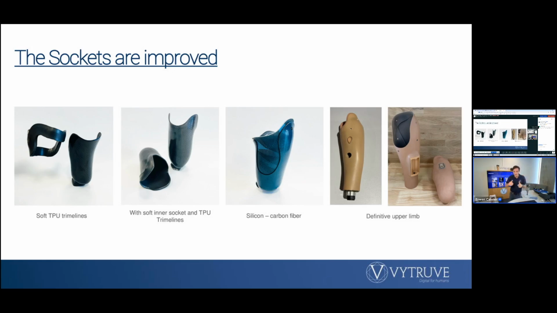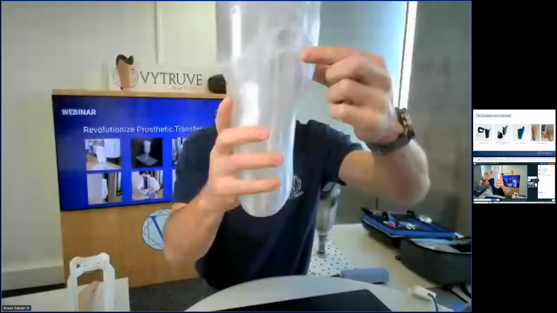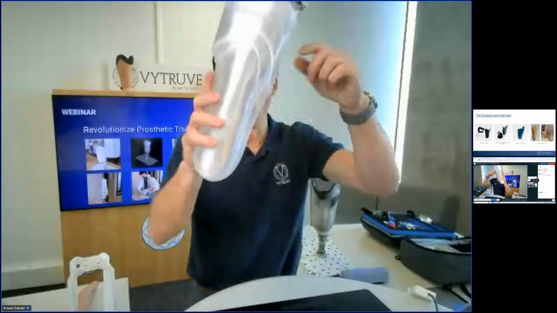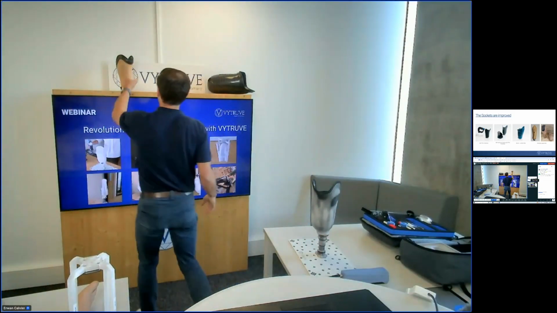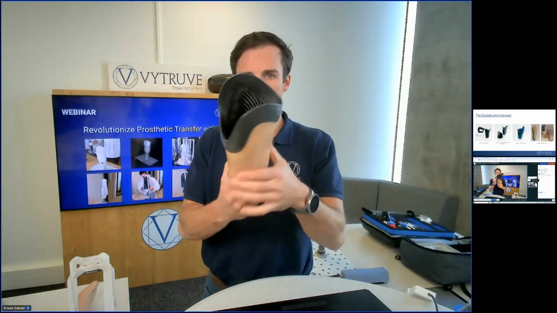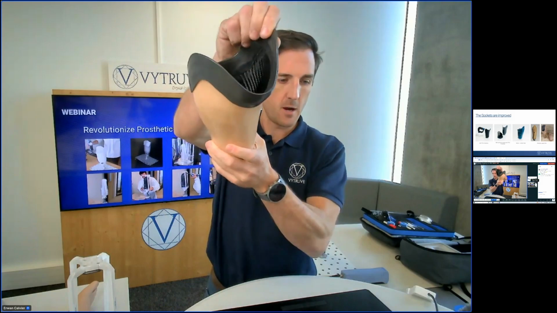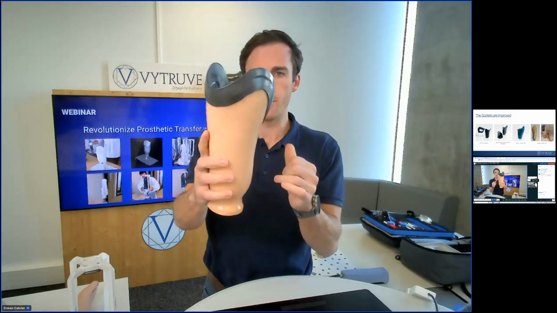What is also nice with V-transfer and installation guide, you can also improve your socket. I will show you, for example. Here, you can see in the positive, you have this part. When we laminate on it, we add a space and we print a TPU, 3D printing TPU, like this to have very soft tramlines everywhere.